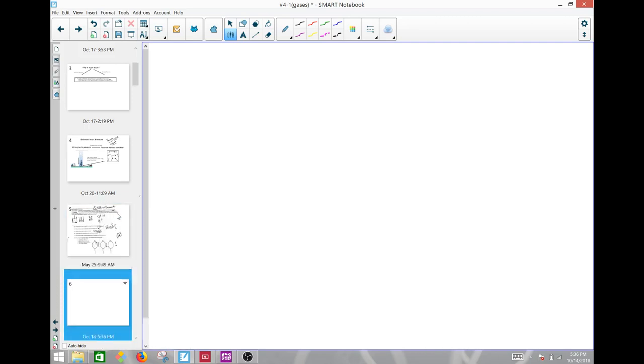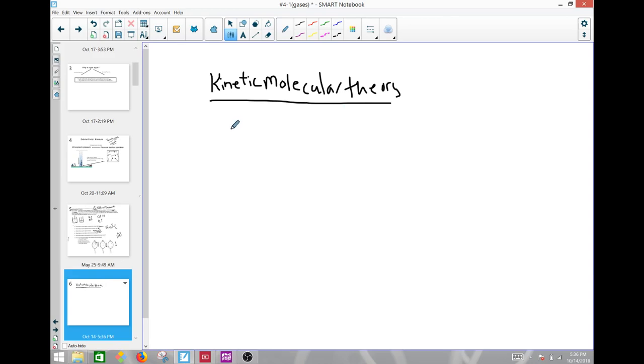One, they follow what's called the kinetic molecular theory. And it sounds really complicated, but really simple. This stands for how do particles essentially move.